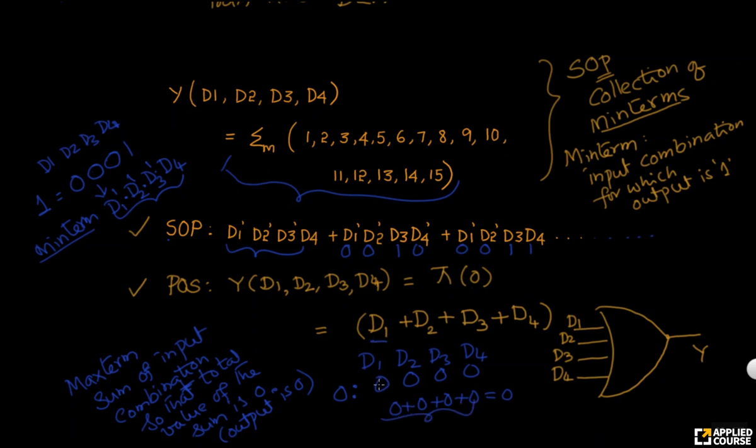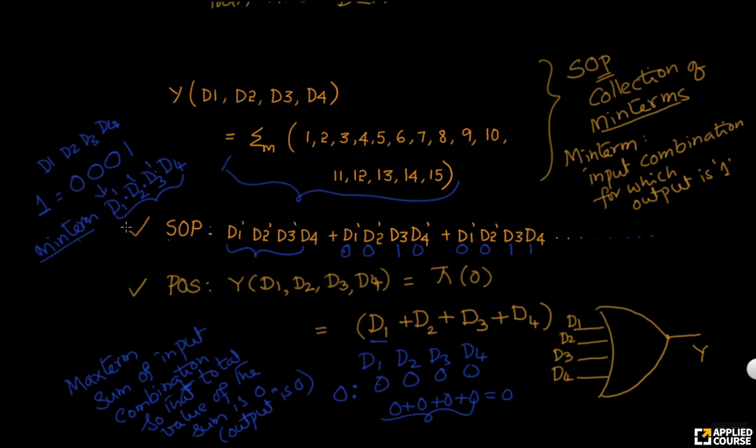D1 plus D2 plus D3 plus D4. Interesting. For min terms, 0 stands for the complement form. For max terms, 0 stands for the normal form.